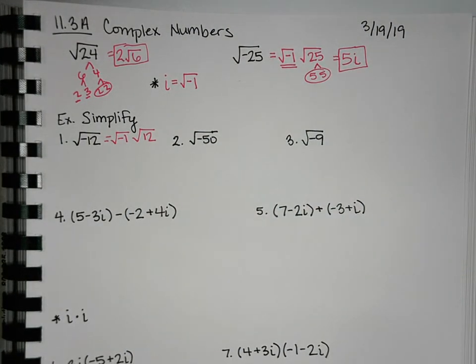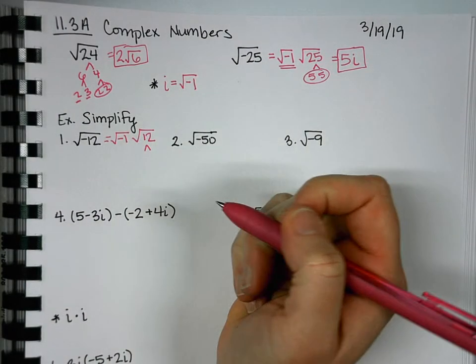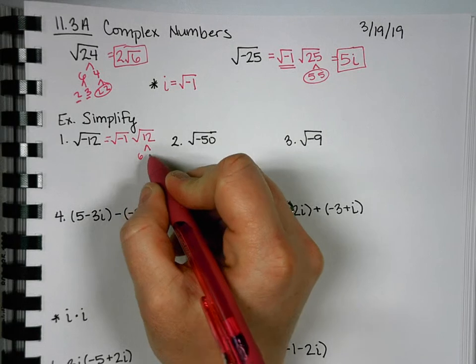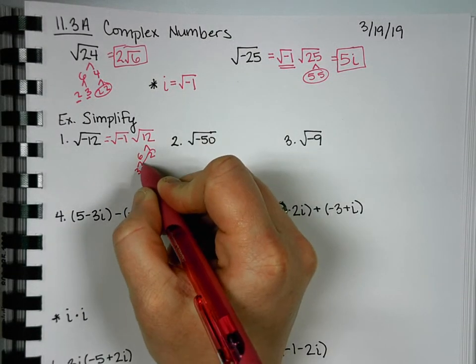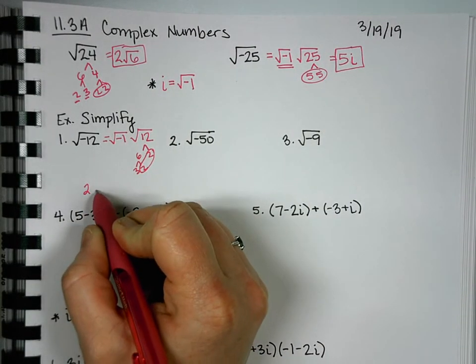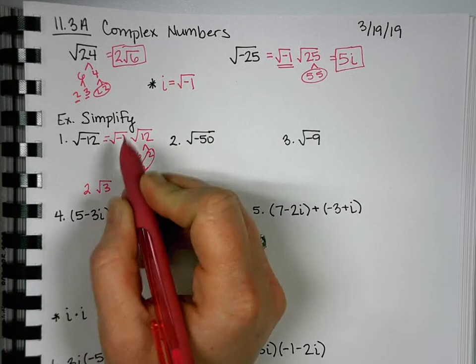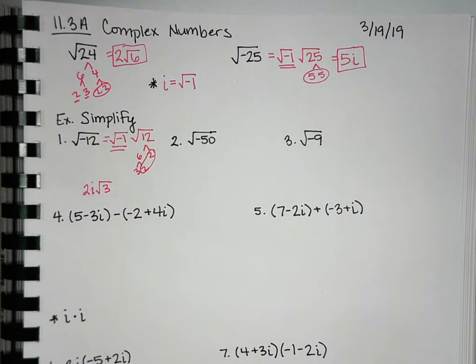And then with the positive number, we can break down using our tree. So 6 and 2 and 3 and 2. So we have a pair of 2s with a 3 left over. And what's the square root of -1? I. So we go 2I root 3.